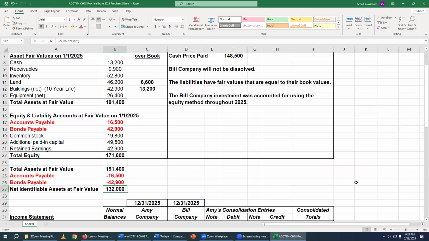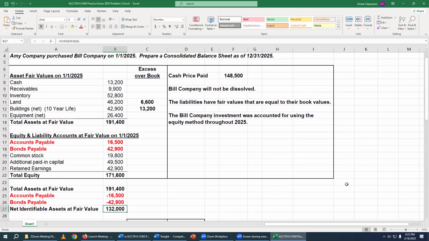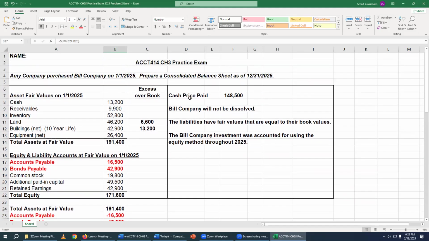Okay, so how much goodwill do we have? This shouldn't say cash price paid. This should say consideration, because we actually didn't give cash, we gave them consideration. We gave stock. So how much goodwill do we have?